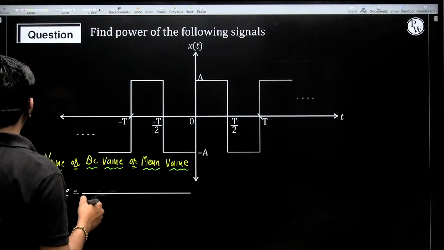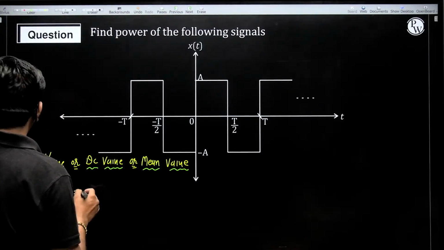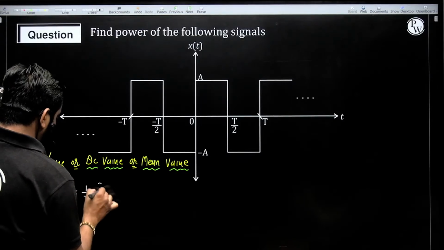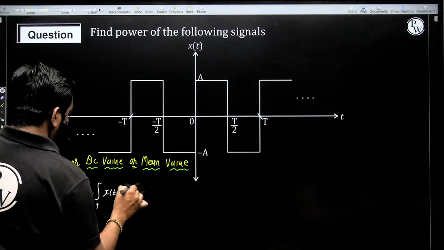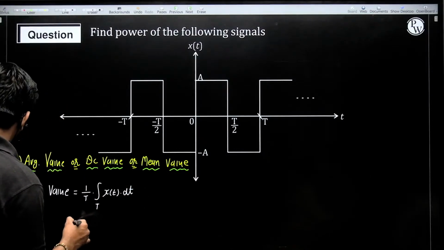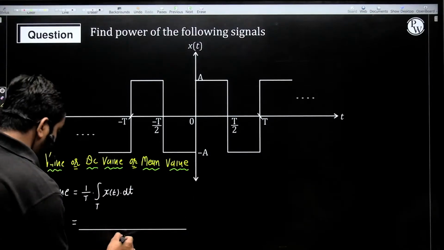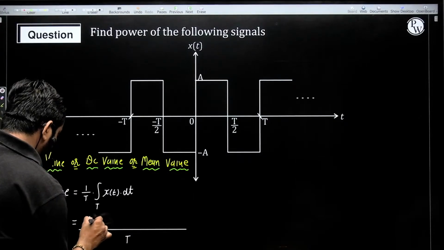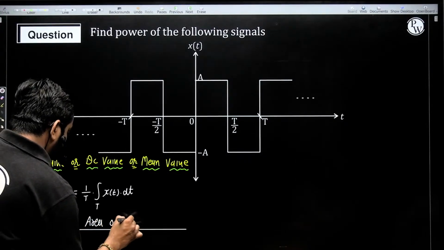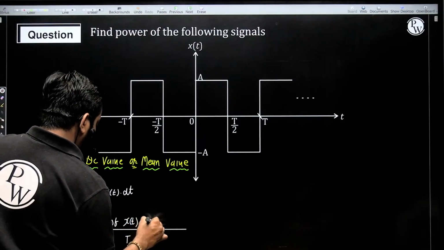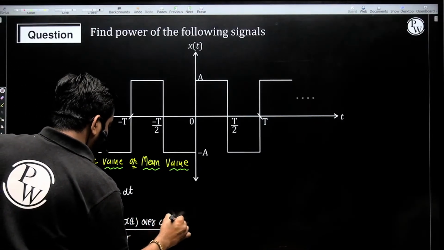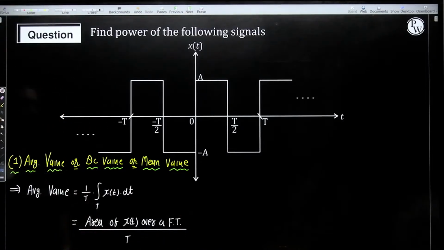According to the formula, 1 by T integration over a fundamental time period of x of t dt. So this is nothing but the area of x of t over a fundamental time period divided by the fundamental time period.